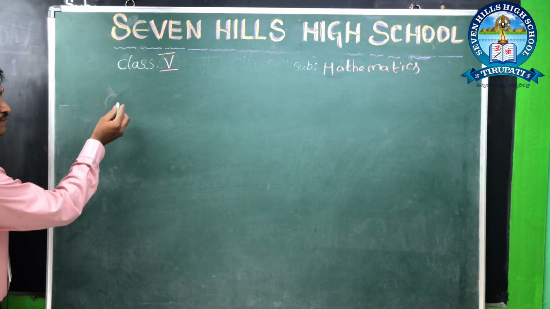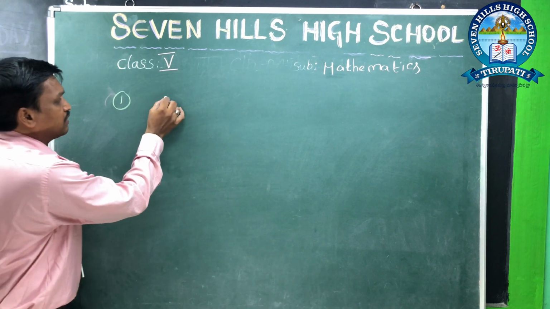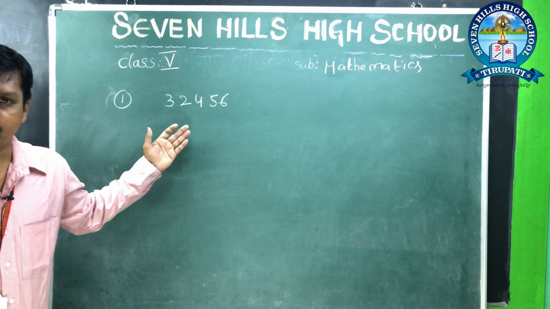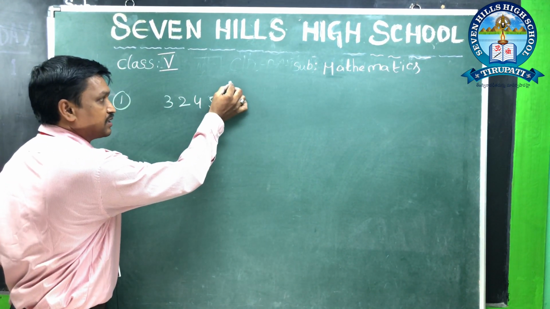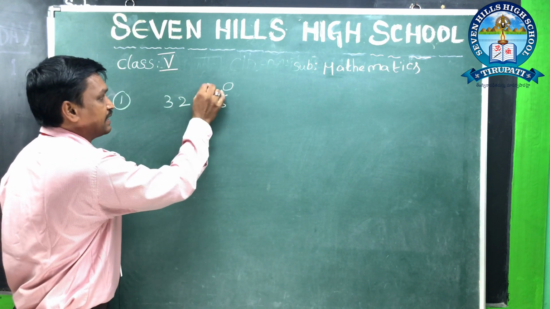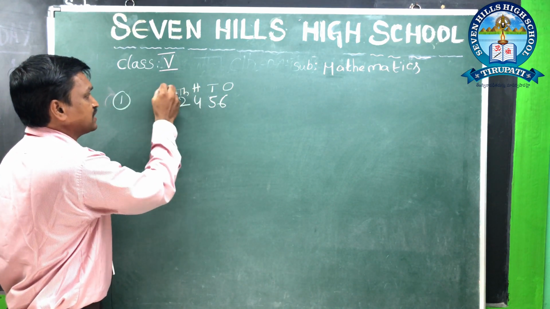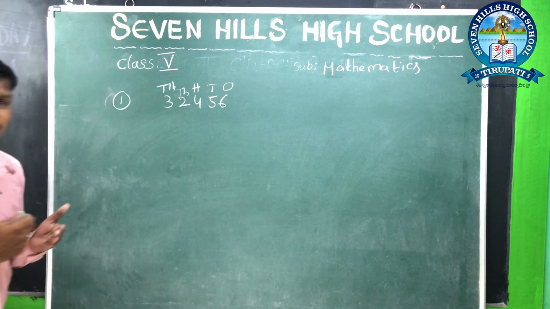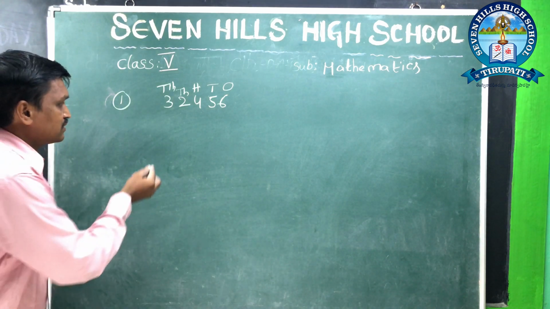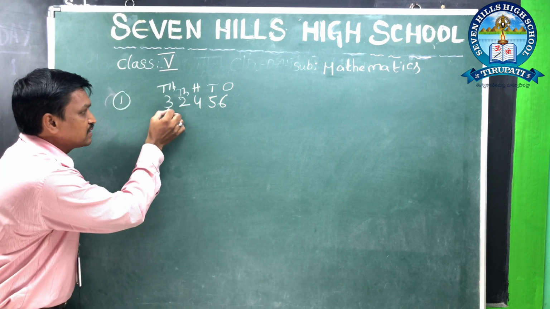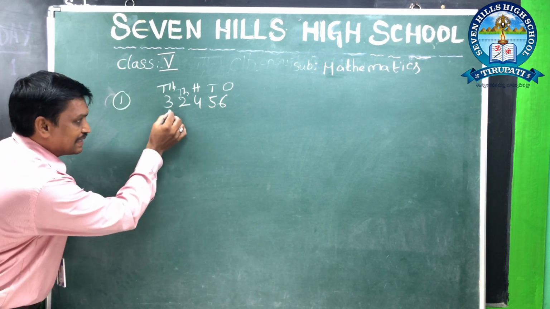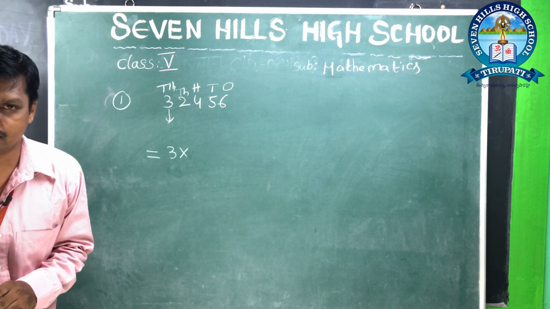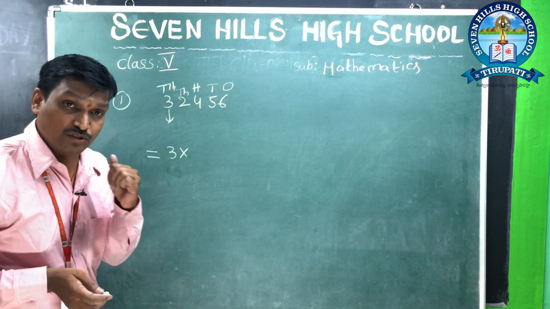So here, see, the given number is like this. First we separate it using the Indian place value chart: ones, tens, hundreds, thousands, 10,000s. So how to expand this number? See here, first, the digit 3 is in 10,000s place.